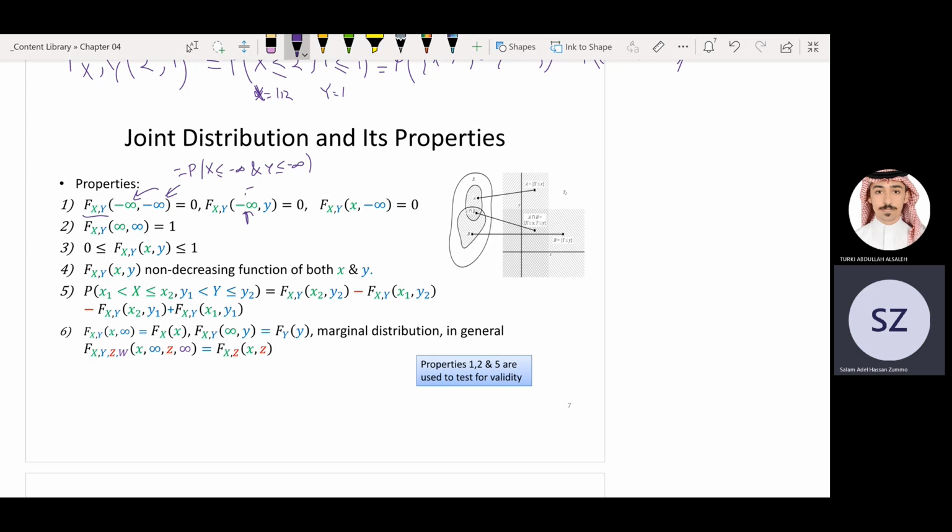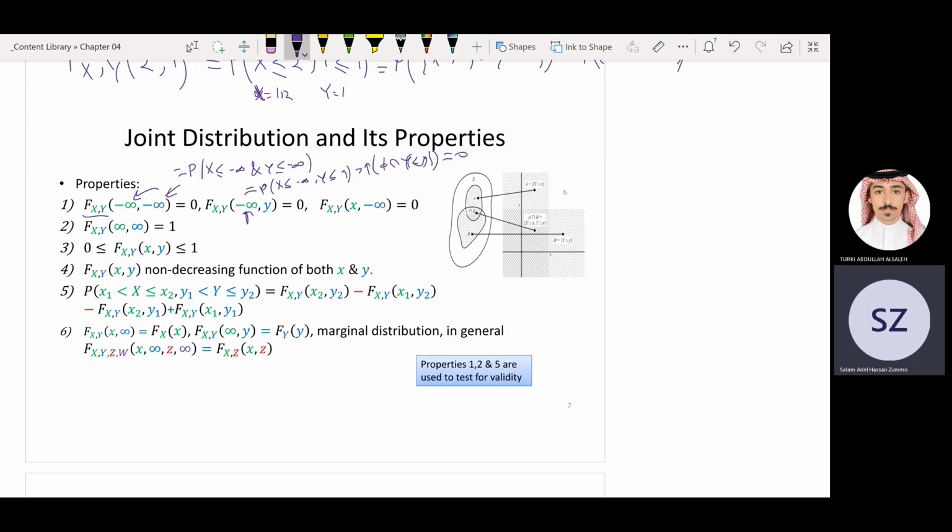For example, the probability that X is less than or equal to minus infinity and Y is less than or equal to 1: the intersection between them is phi. So this is the probability of phi intersect Y less than or equal to 1, which is equal to 0.